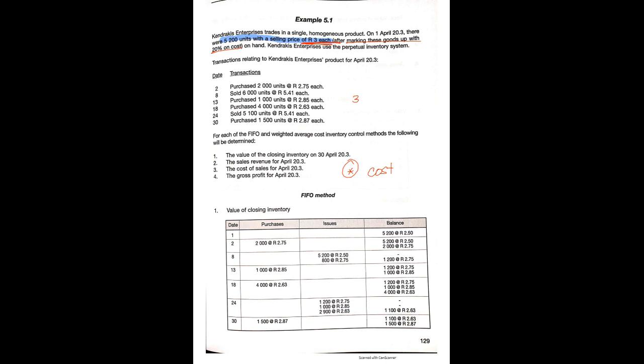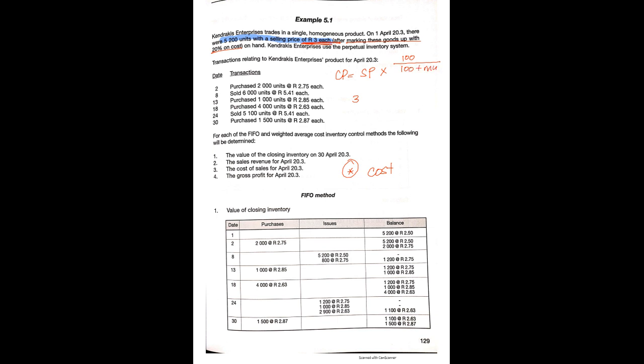To convert that selling price to a cost price, a general formula that can be used is to determine cost price, take your selling price and multiply it by 100 over 100 plus the markup percentage.